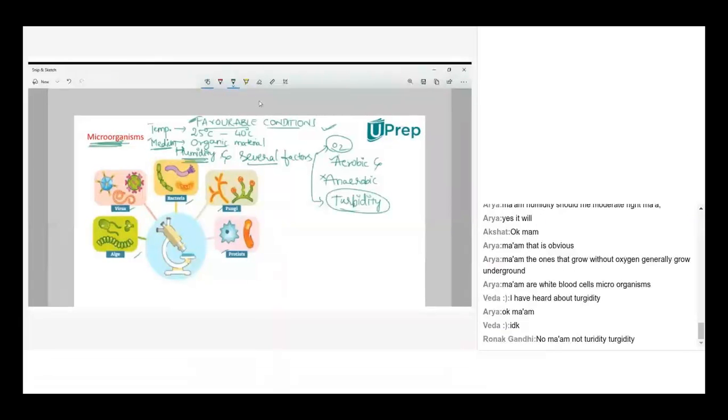Here turbidity means, suppose if you take a medium, assume that this is a sugar, assume you have taken on a plate a sugar. Just assume there is lot much sugar without any space, filled up sugar in a plate. Now, if you add some water, some of the sugar gets dissolved and some part of the sugar may not get dissolved because we have taken lot much sugar.